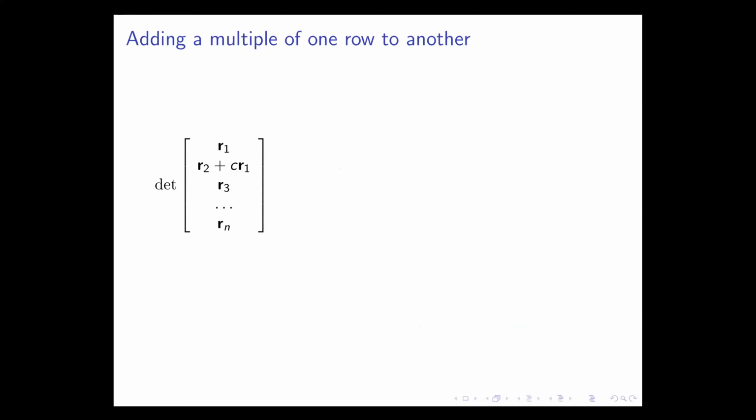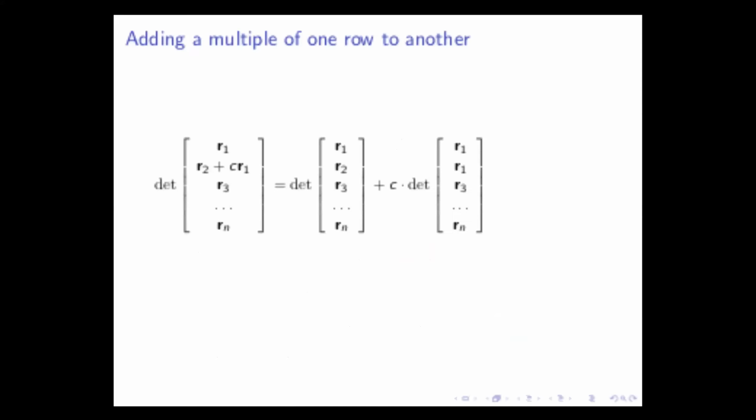Okay. Now let's do the linear combination. Add to the second row the first row multiplied by a constant c. Well, guess what? The operation is still linear, so it respects the linearity. So the determinant of the matrix on the left is a linear operation.